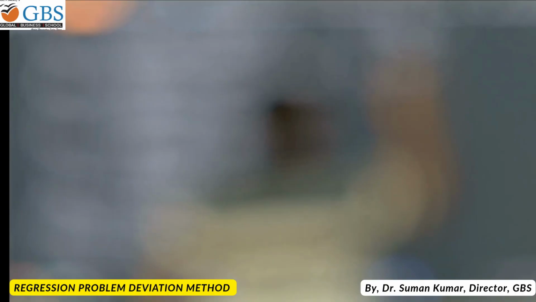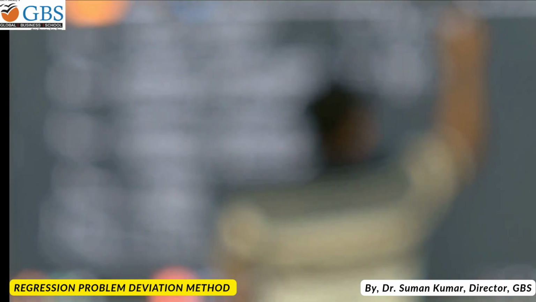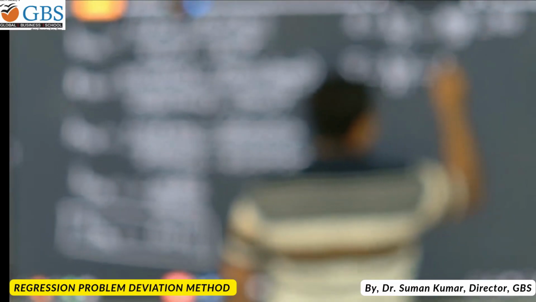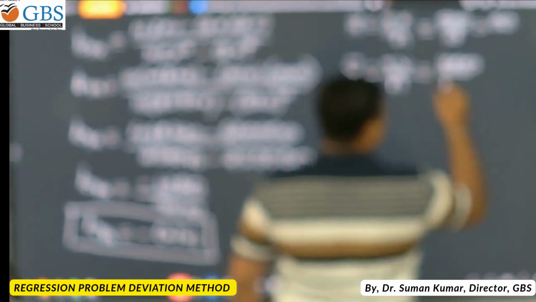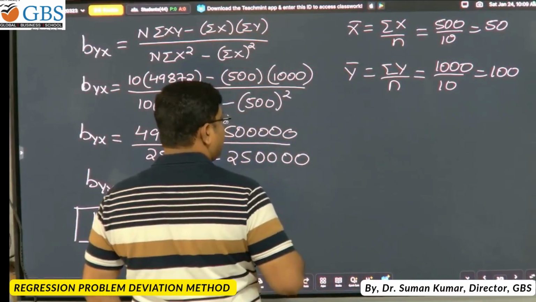So after finding bxy and byx, our job is to find out x bar and also y bar. Why are we finding this? Because the formula requires it. So 500 divided by 10, that is 50. 1000 divided by 10, that is 100. X bar and y bar.